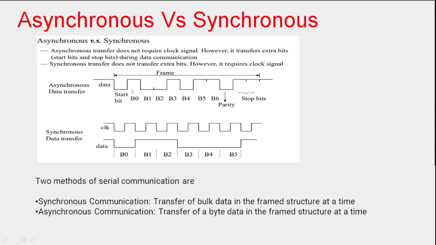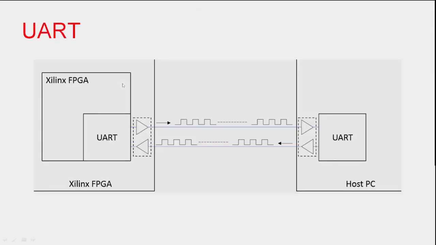After that, you'll send the frame of 8 bits. After 8 bits, you'll give a parity bit, 1 or 0, or any other CRC bits, and finally the stop bits. So this is the frame structure of UART, the timing diagram for UART.